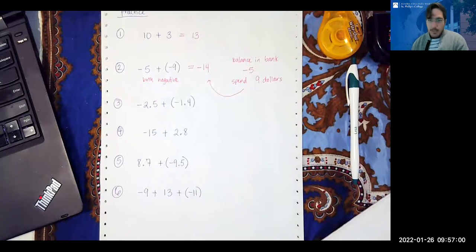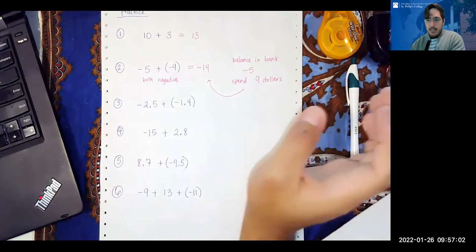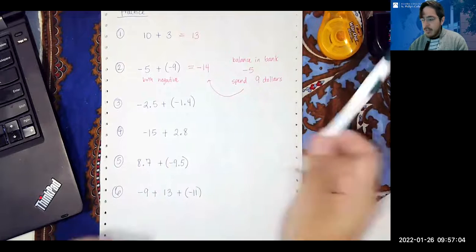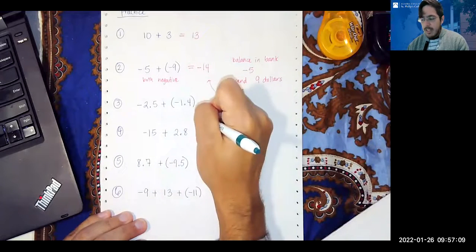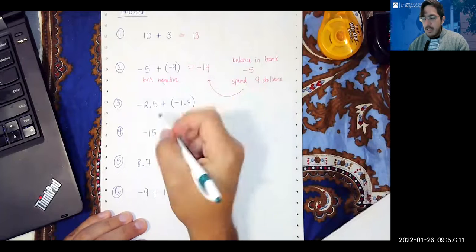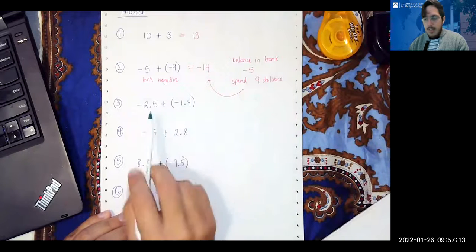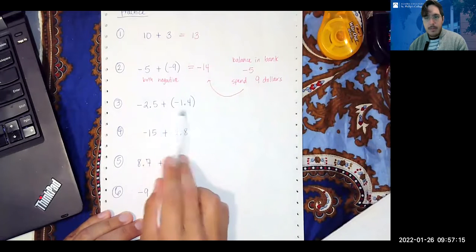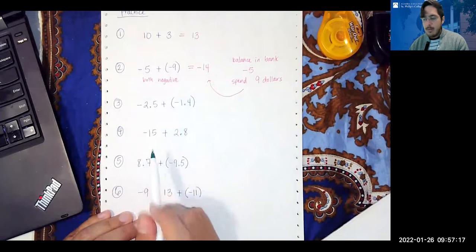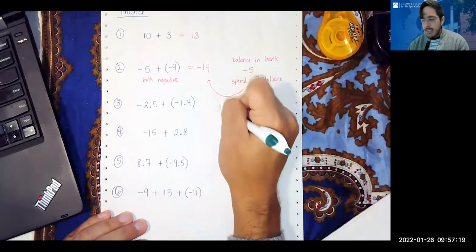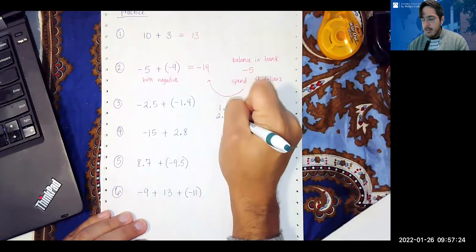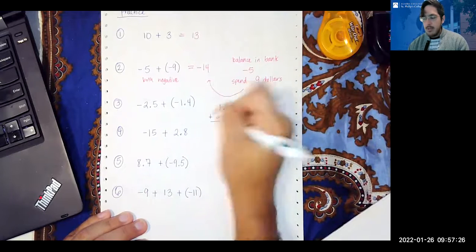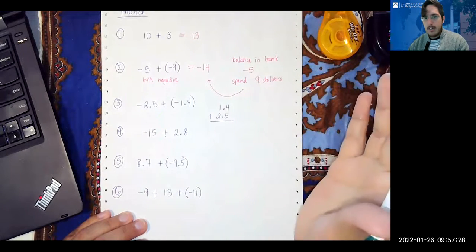Now these ones with decimals, we haven't really talked about them yet, sort of assuming that we know how to work with them. And that might not be the case, but whatever it is, we still have to just add these numbers and keep the common sign since they're both negative. So we can line up our decimals, since that's how we add numbers with decimals, and add those numbers, ignoring the sign.